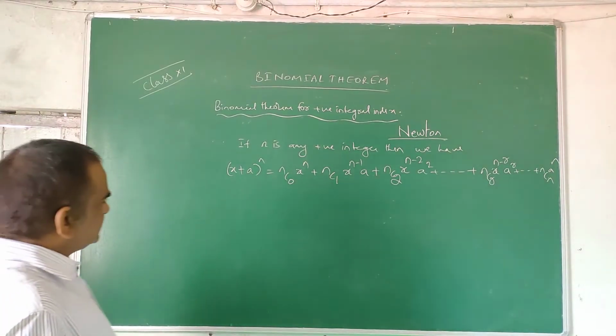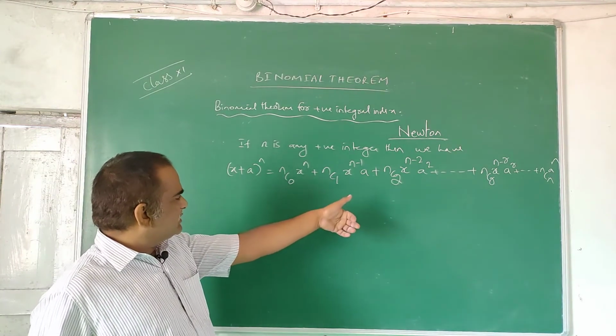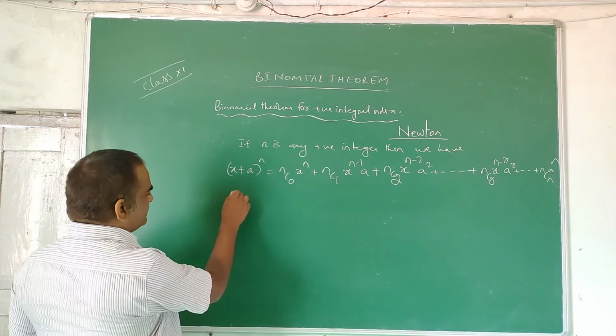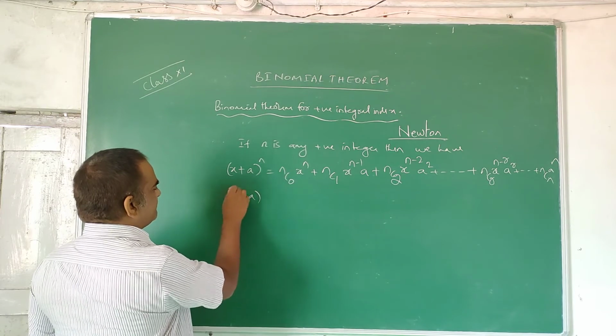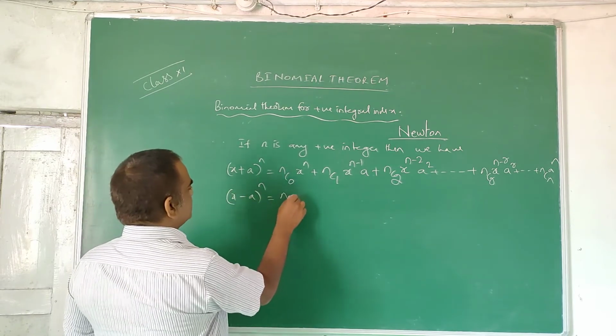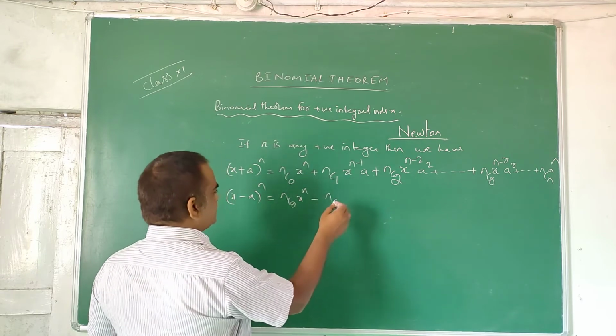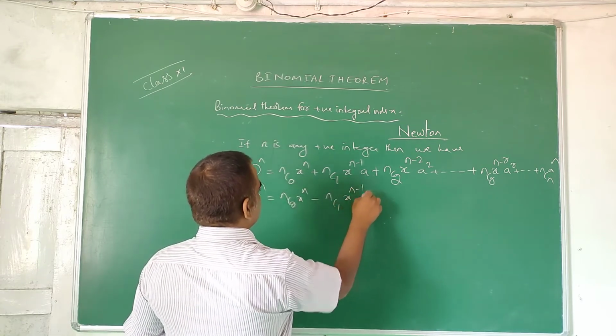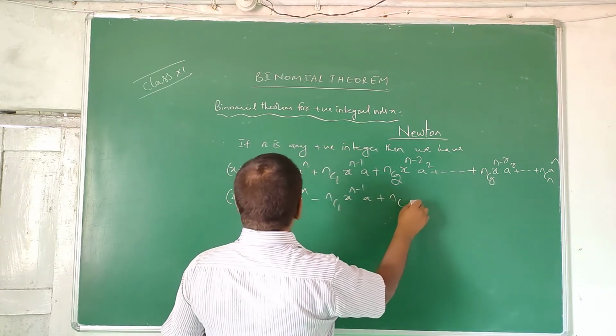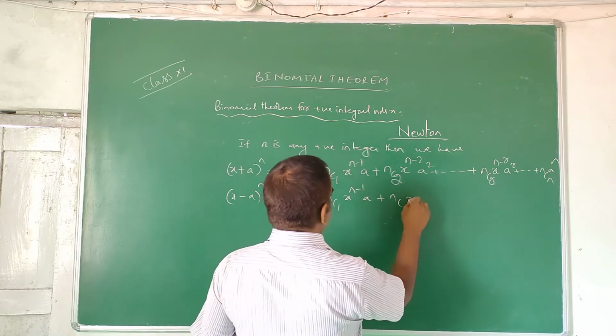Students, next, we already learned this expansion. Now if you go for minus, what will happen? It is also the same, but you see the alternate signs change, that's all. So are you following?